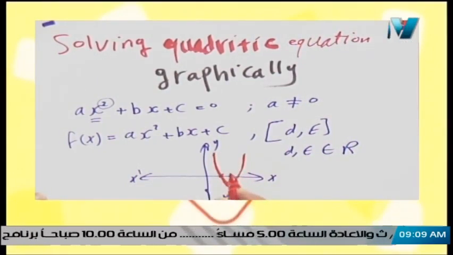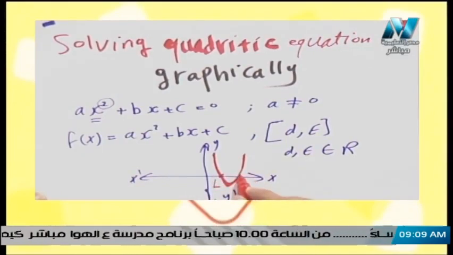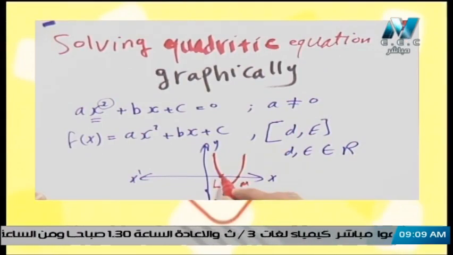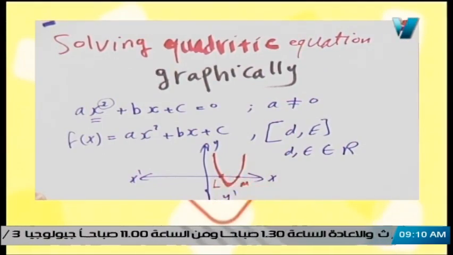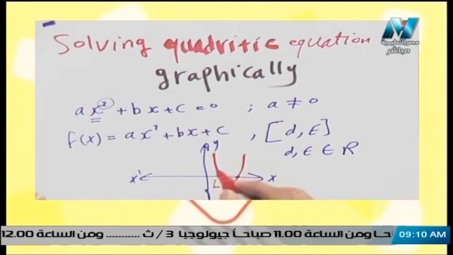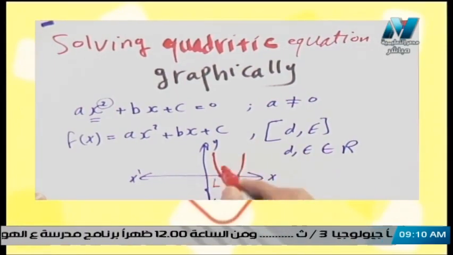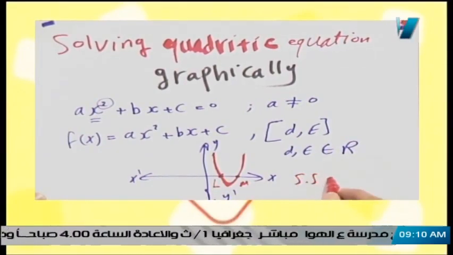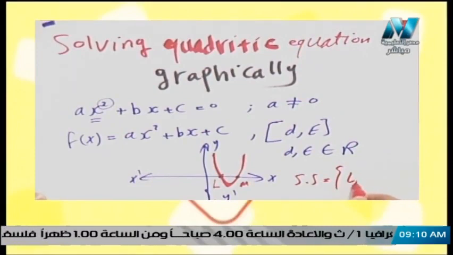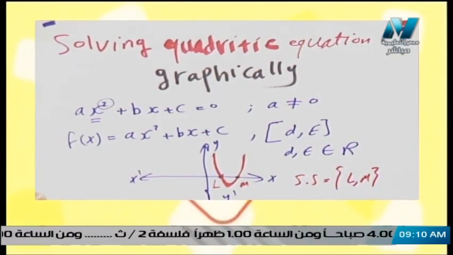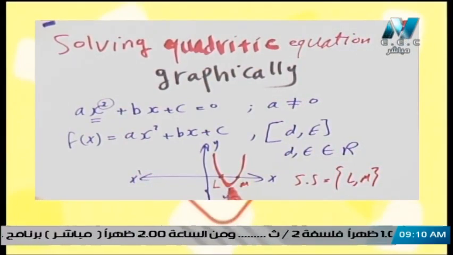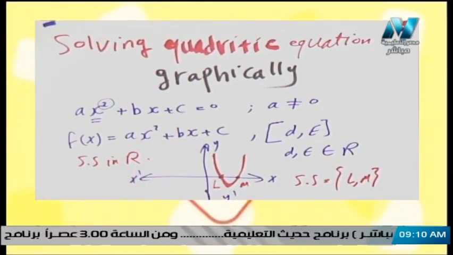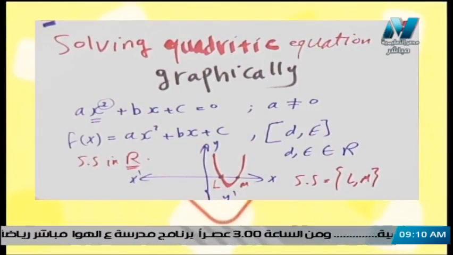Say this point is L and this point is M. So the graph makes intersection points with the x-axis at L and M. The solution set will be {L, M}. We have to find the solution set in R. What is R? It is the set of real numbers.